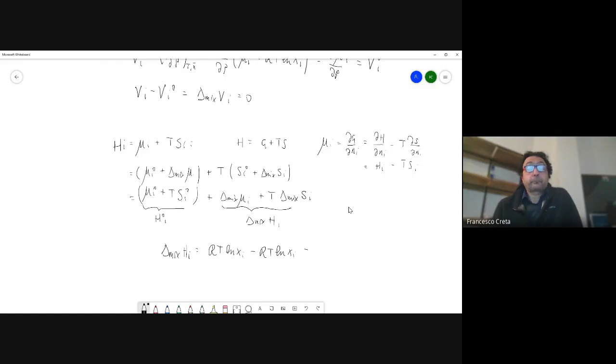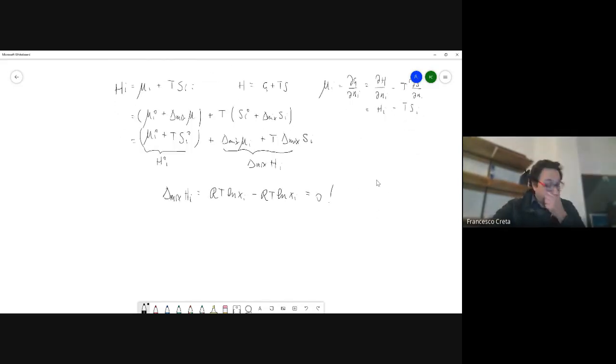So it's 0. So what does that mean? It means that for enthalpy, the mixing enthalpy is clearly 0, so the enthalpy of a system does not change on mixing.